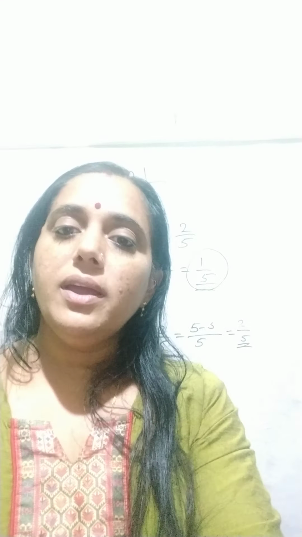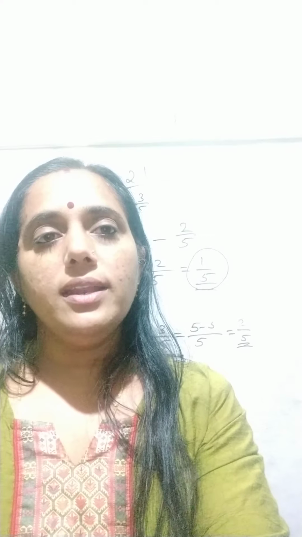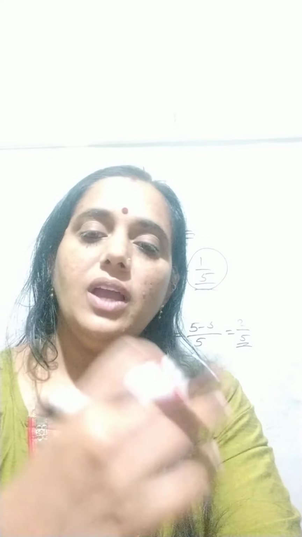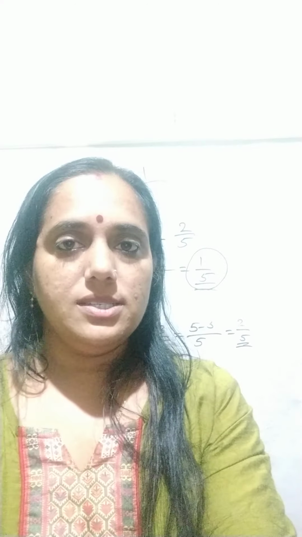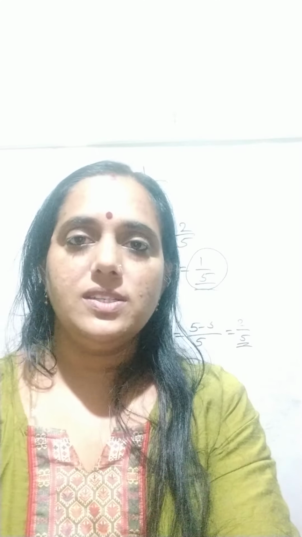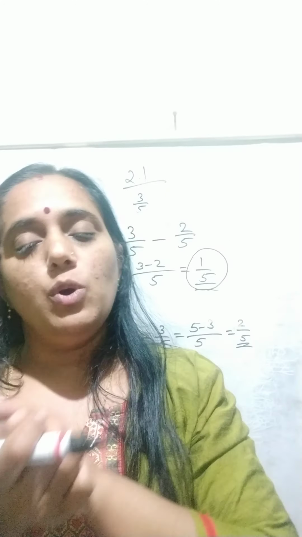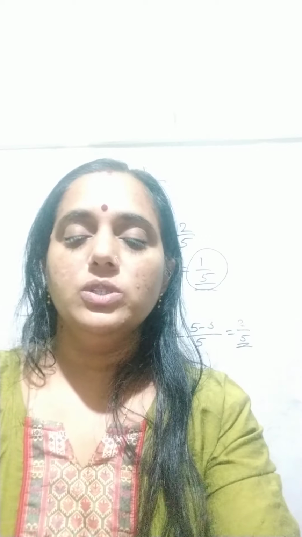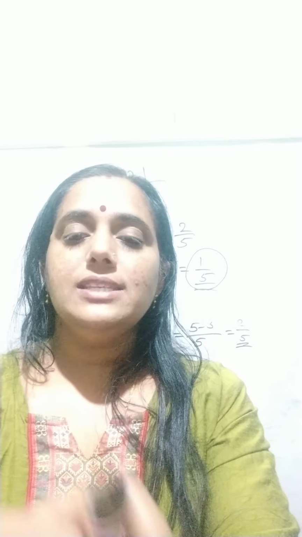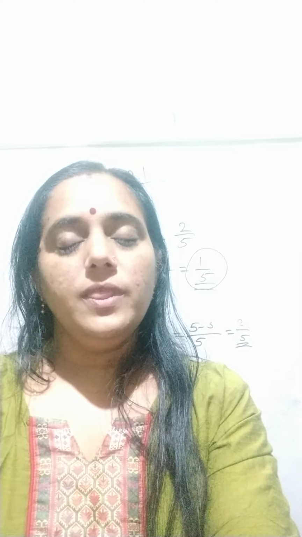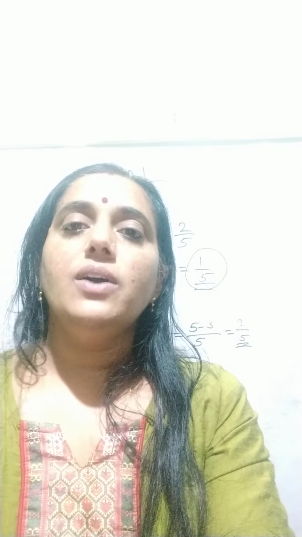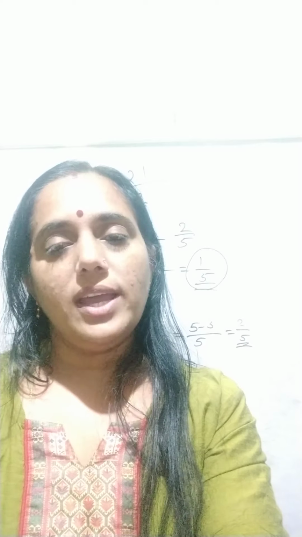We have to compare the fractions. These two are unlike fractions. We have to convert them into like fractions by finding the LCM of the denominators, then convert both fractions with the LCM as the denominator. Then how much more is the second part? So we have to find the difference of these two fractions.